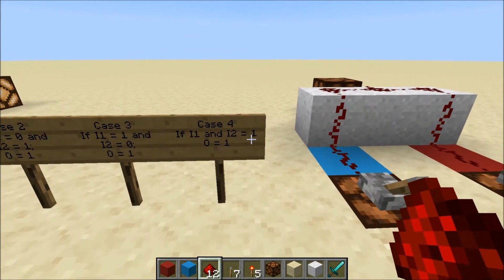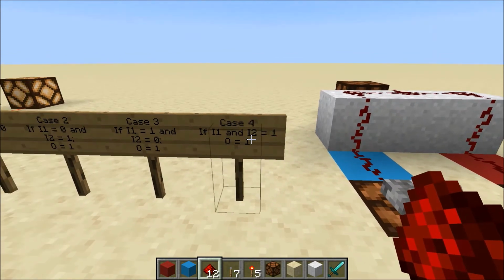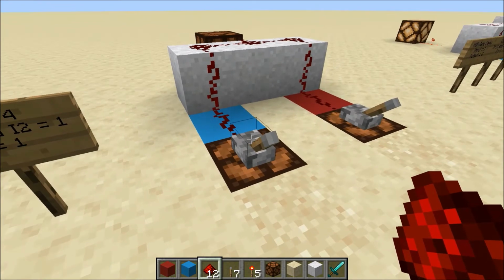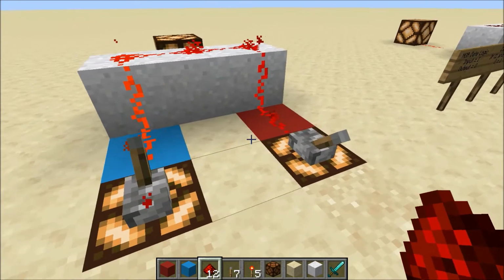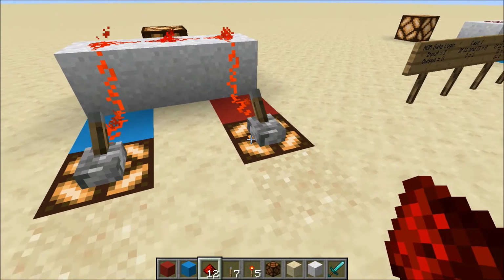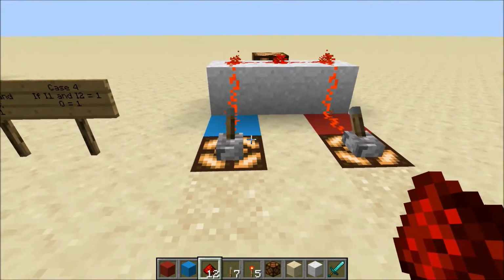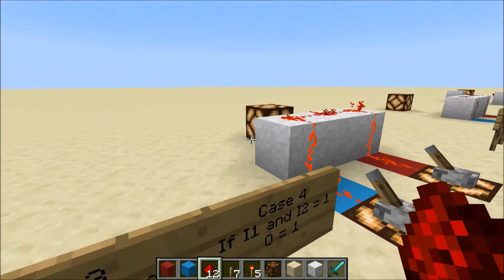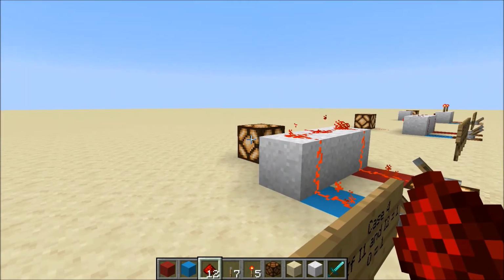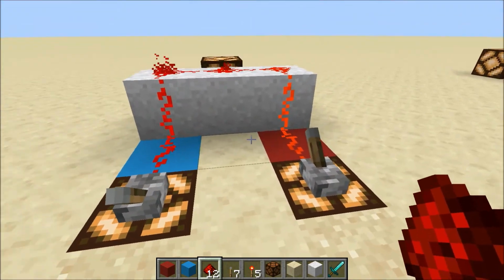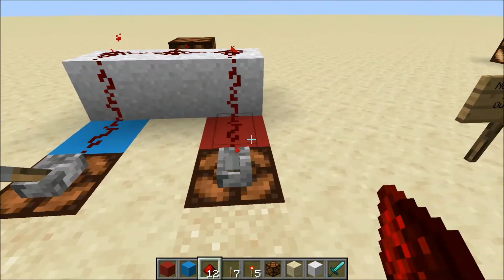In the last case, the fourth case, if input 1 and input 2 equal 1, let's turn this on, and input 2, turn this on. Both of these are on and the output will be 1. You can see right there the light is on, which means the output is 1.